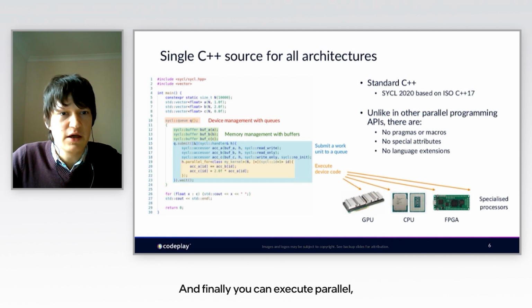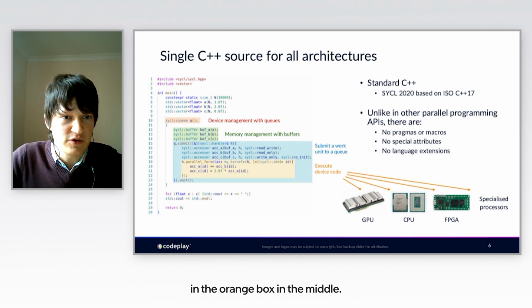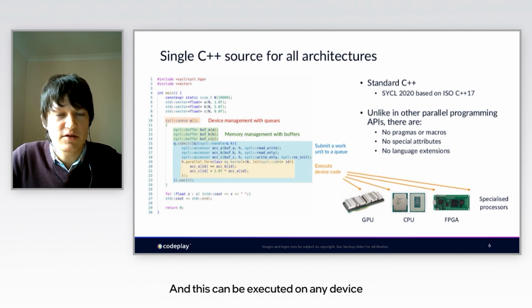And finally, you can execute parallel computations on the device, as shown in the orange box in the middle. That's your kernel that runs on the device, and this can be executed on any device that the implementations support. It can be a GPU, CPU, FPGA, even more specialized processors.